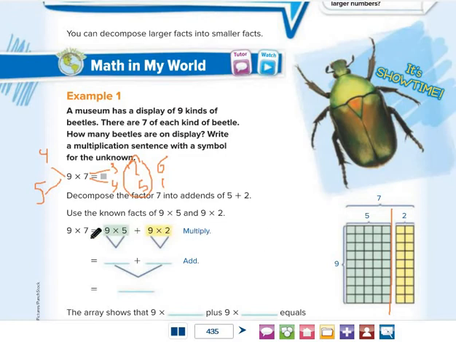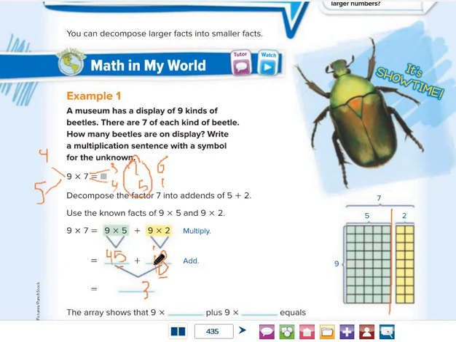To find the product of the whole array, we will find the product of 9 times 5, this equals 45. This is a known fact for you. And 9 times 2 equals 18. Now 45 plus 18 equals, let's add ones. 5 plus 8 equals 13, so 1 ten and 3 ones.